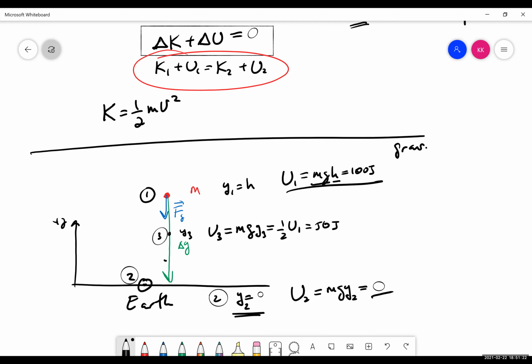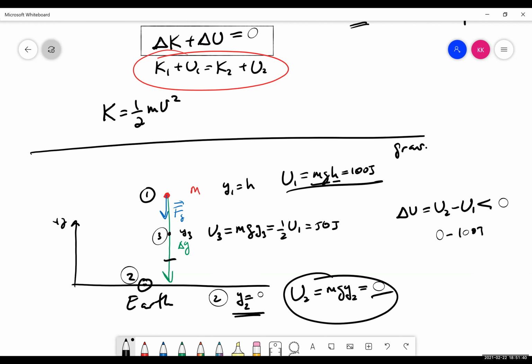And as you go, it's going to decrease, decrease, decrease until it's eventually 0 at point 2. That means potential energy decreases. So if I'm looking at delta U going from U2 minus U1, this is going to be a negative quantity, because this is like 0 minus 100 joules. I get negative 100 joules.